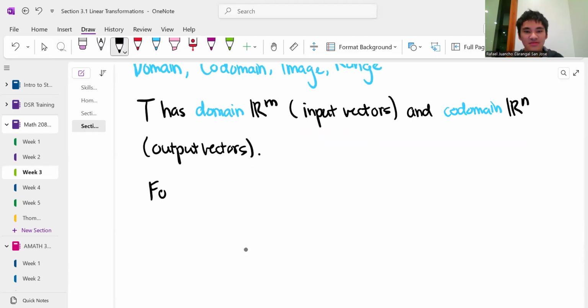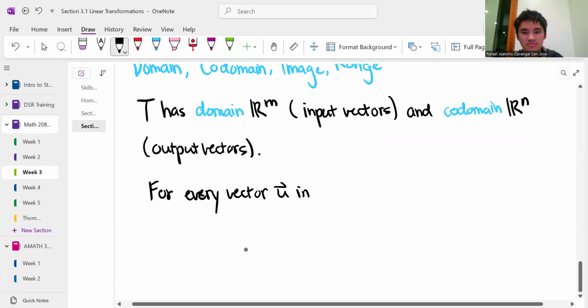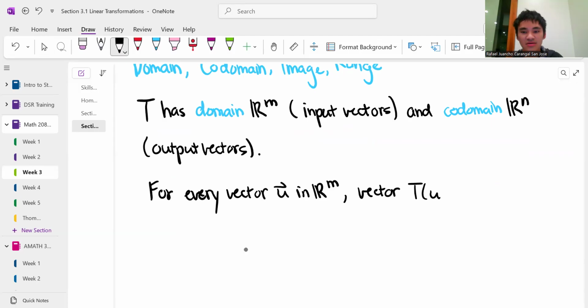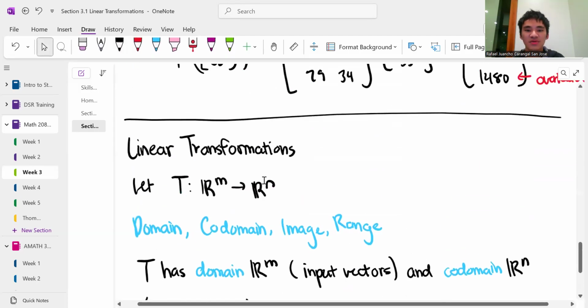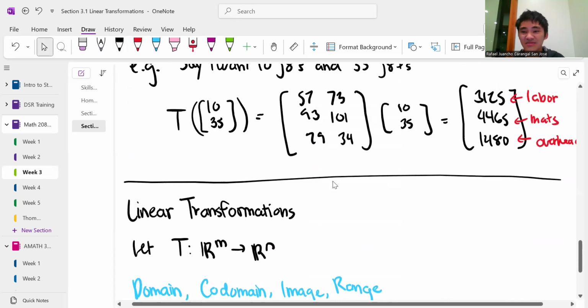Now, for every vector, say u in Rm, when we transform it, we're still getting a vector.